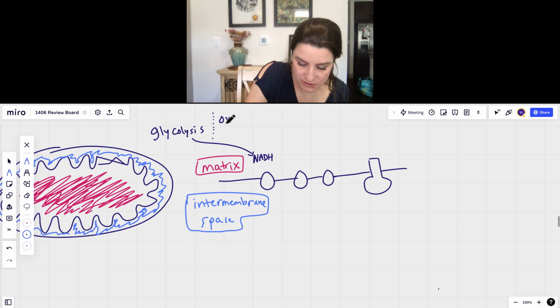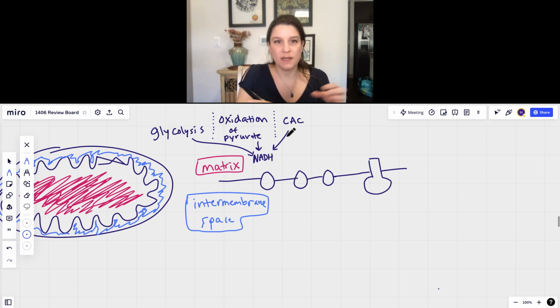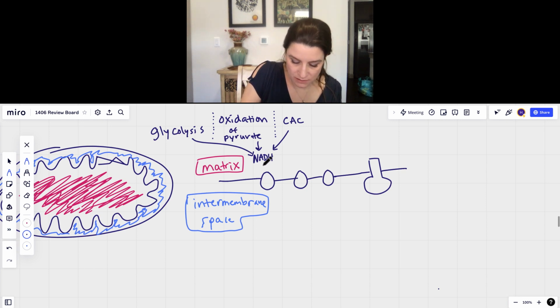We could call it oxidation of pyruvate, which means stripping pyruvate of electrons. That gives us some NADH. Then we have the citric acid cycle, which gives us some NADH. So all of those are stripping electrons from glucose, from pyruvate, from the molecule cycling in the citric acid cycle. That gives us the NADH, which drops those electrons off and leaves as NAD plus.